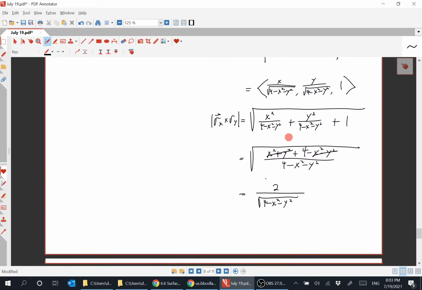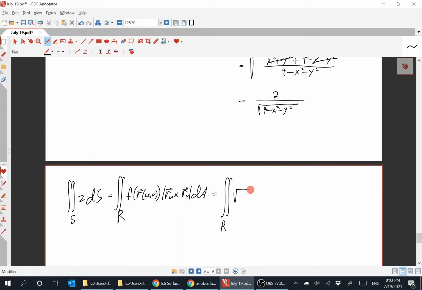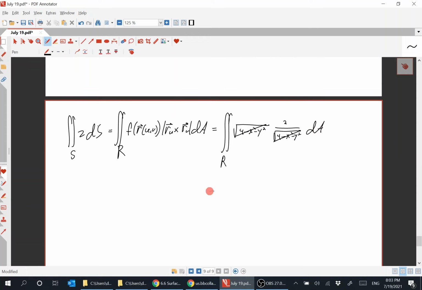So in this case, it's the double integral over R of square root of 4 minus x squared minus y squared. This is the rx cross ry, so 2 over, oh, we didn't even, crazy. So it's just the double integral over R of 2 dA, which is 2 times the area of R. And what was R?